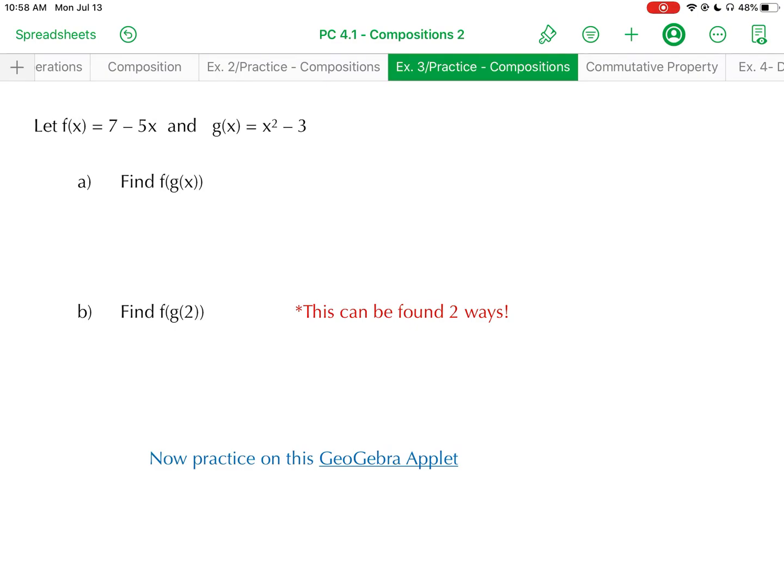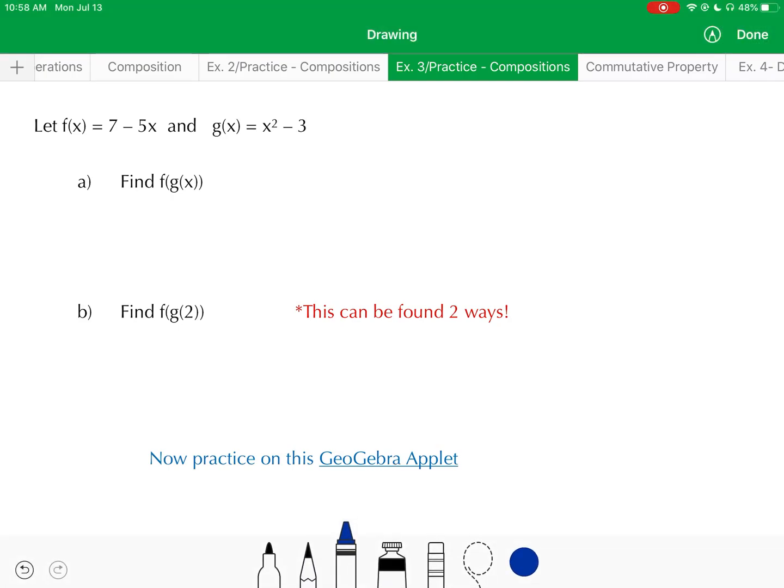All right, in this next example, the two functions that are given are continuous functions where I have the equation for each. So I'm going to first find the function f of g of x. This will begin by just simply using substitution. g of x I know is equivalent to x squared minus 3.